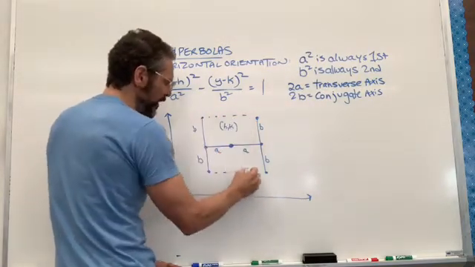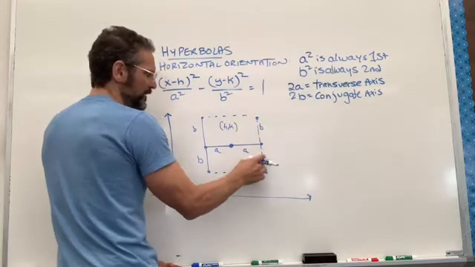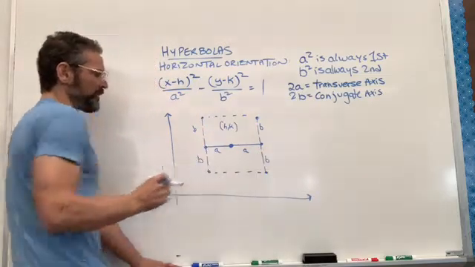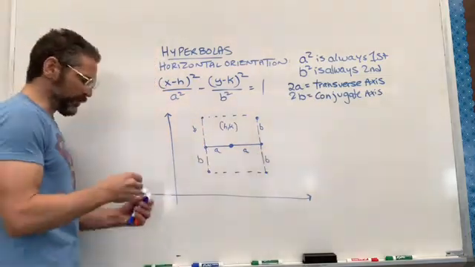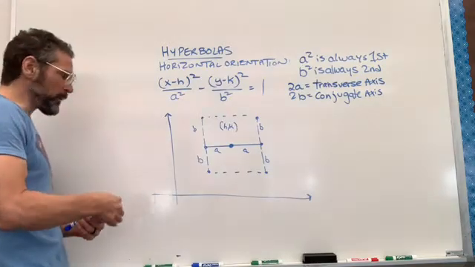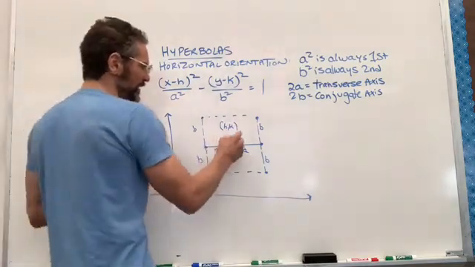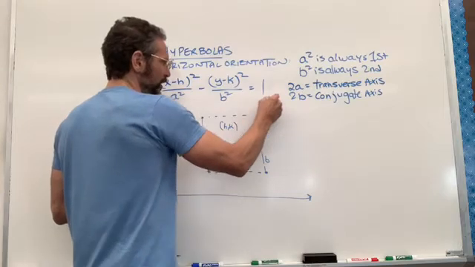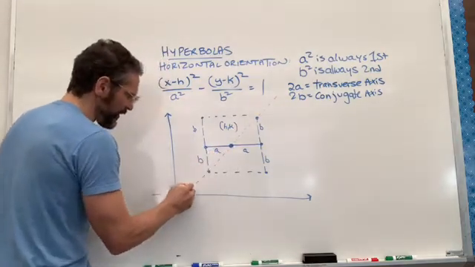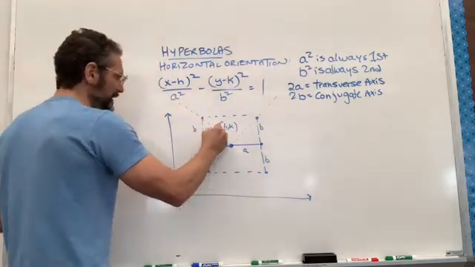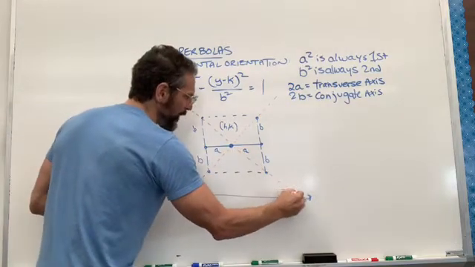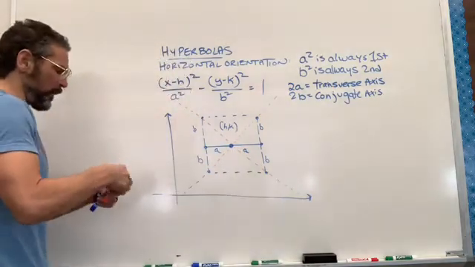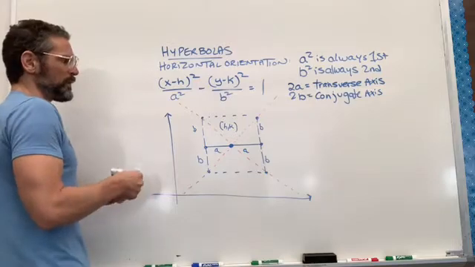So I can draw in, I'm going to actually do these like this. I've got my box, and through the corners of the box and the center, HK, I can draw asymptotes, and those will guide me in drawing my actual branches of the hyperbola. Now, I have horizontal orientation.